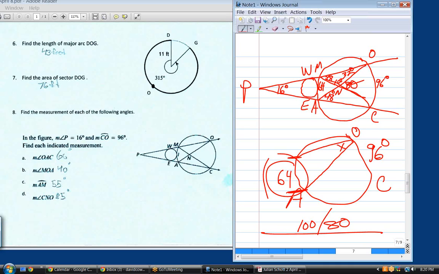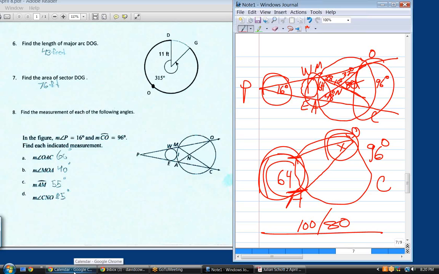Memorize stuff like x is always half of that, and that this is always equal to half of the difference between that and that. Stuff like that. You know what you should do is go through your book. I believe we have the same book.